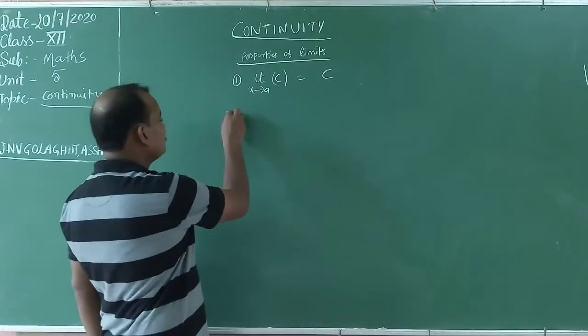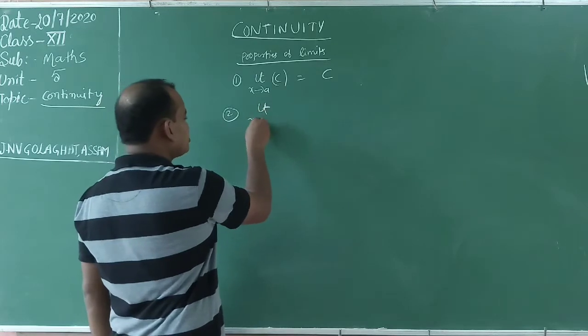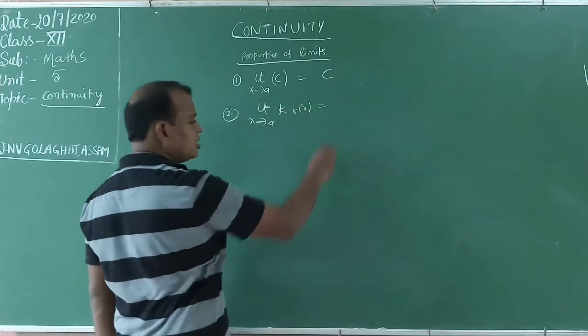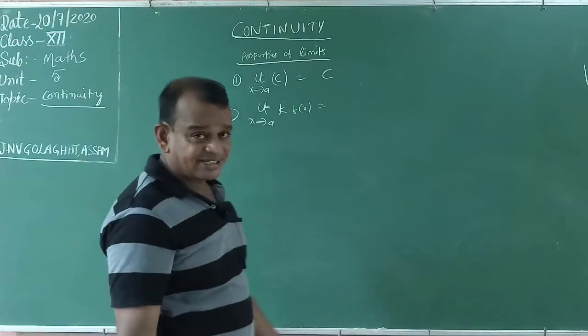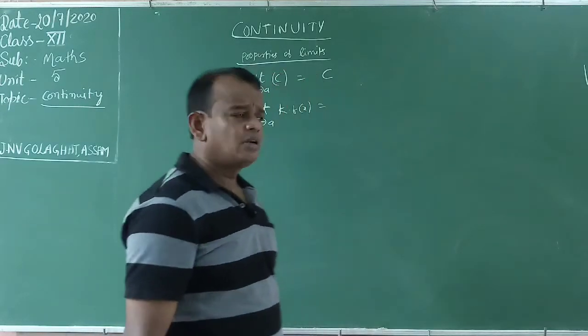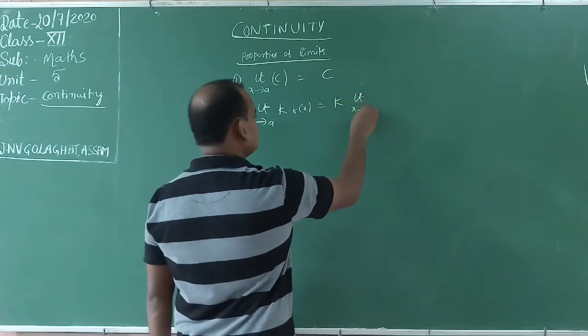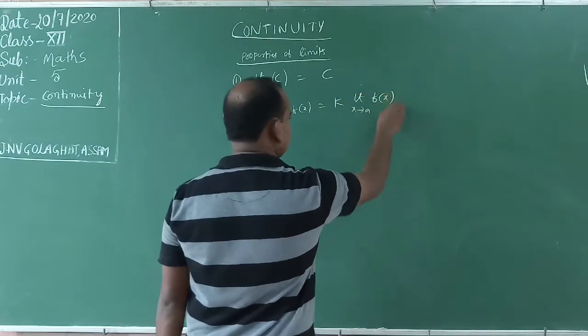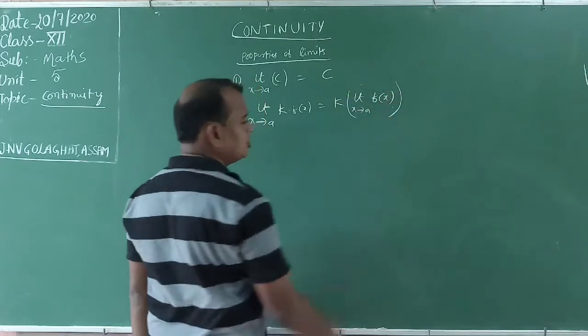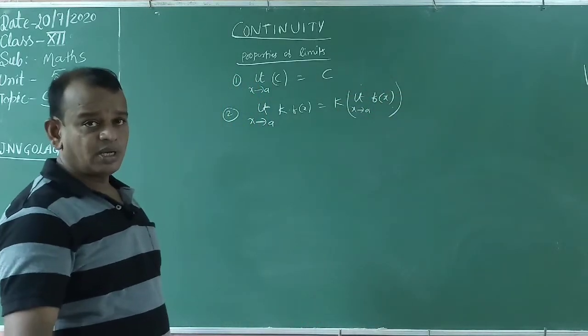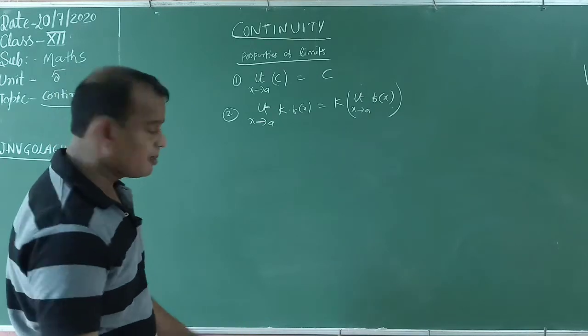Now limit of x tends to a, k into f of x, where k is the scalar, means any real number. Now 100% we will write this as k into limit of x tends to a, f of x, whatever may be.